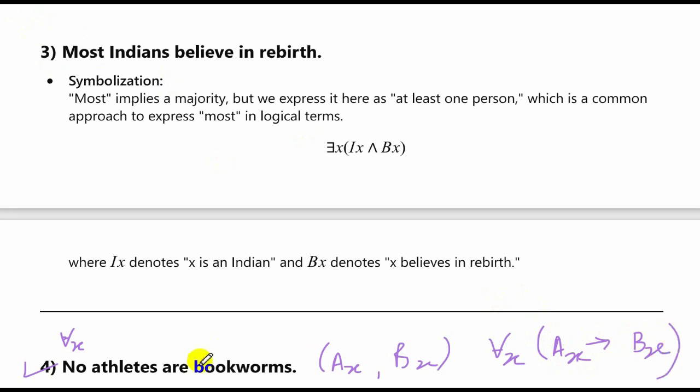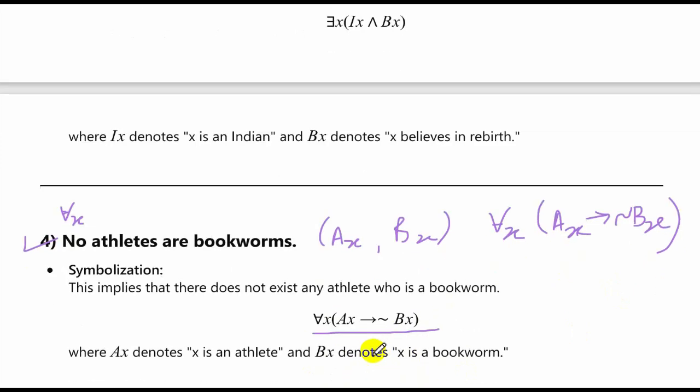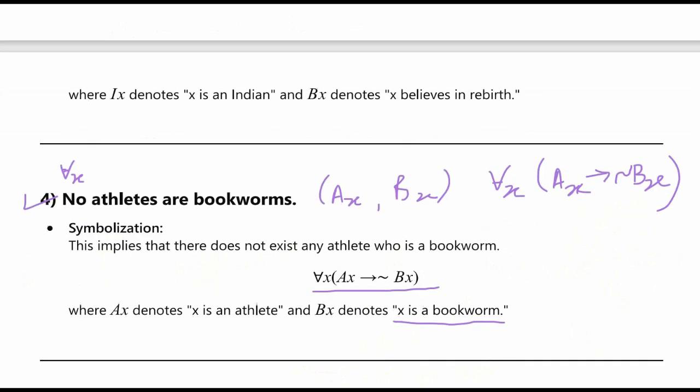But they're saying they're not bookworms, so not bookworms. When we first wrote down below that X is a bookworm, that is against this sentence. So therefore we have to negate this: X is not a bookworm. Alright, let's go to the next sum.